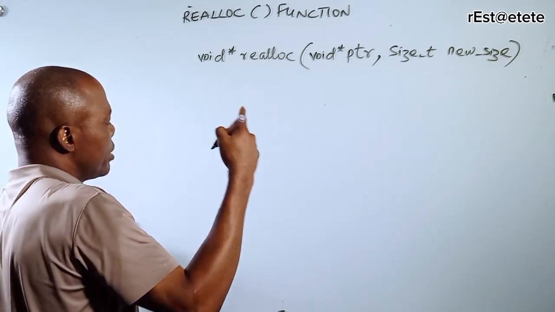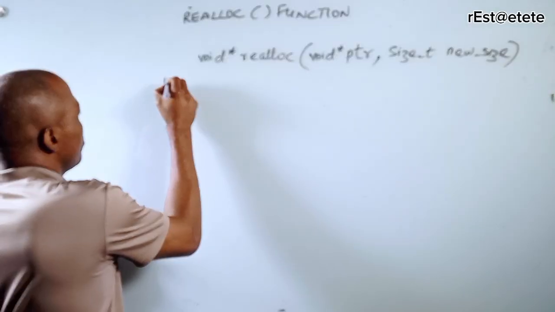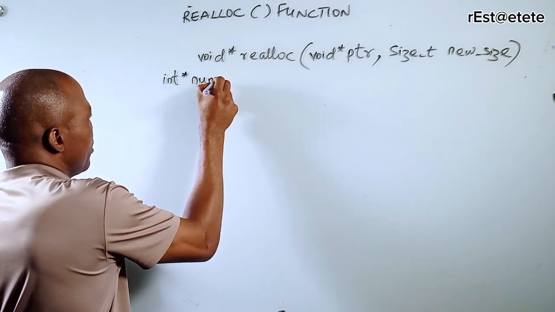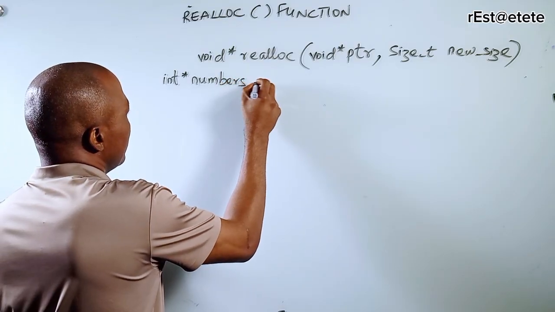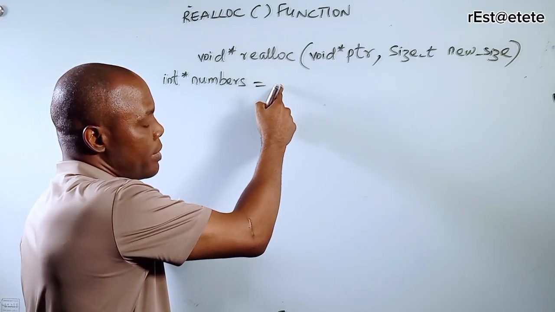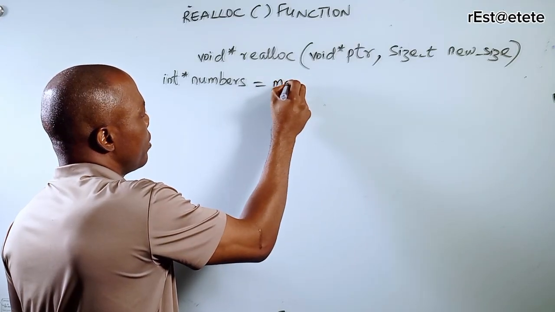So what we've been doing in our program is we create pointers. So I'm just going to put it in one straight line. int *numbers, this is the pointer. Then I can typecast it explicitly, or I will leave it. I'll just say malloc.